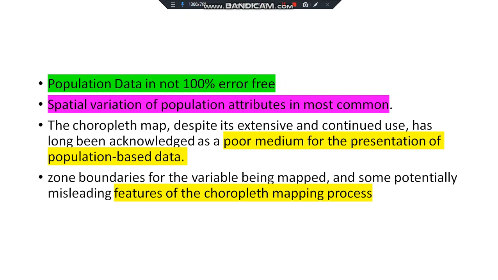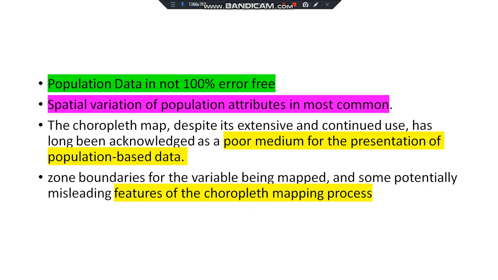But a few problems are already noticed by researchers and individuals related to plotting of population data on a map, because map plotting is related to geographical space. The first problem is that population data is not 100% error free.